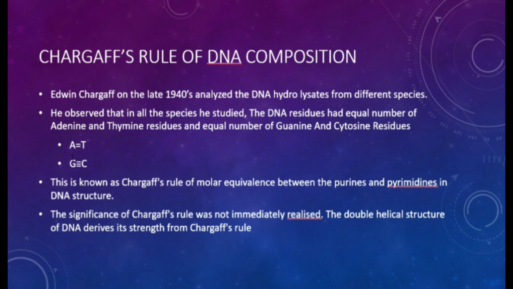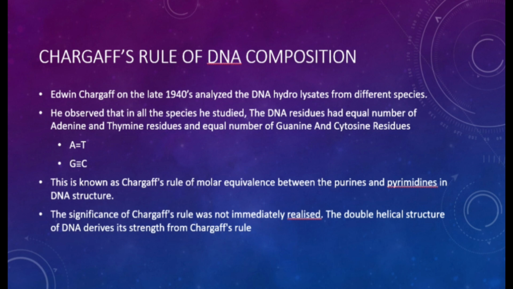The A and T had double bonds of hydrogen, the G and C had triple bonds of hydrogen, and this is known as Chargaff's rule of molecular equivalence between the purines and the pyrimidines in the DNA structure. This was not immediately realized as a significant rule, but when Watson and Crick proposed the theory of double helical structure, this played a major role there. So it was considered to be a strength for Chargaff's rule.